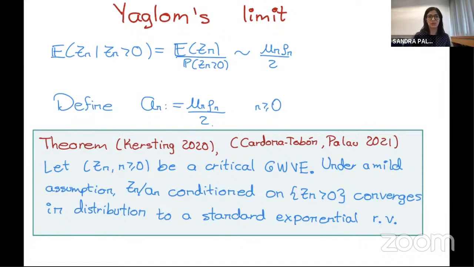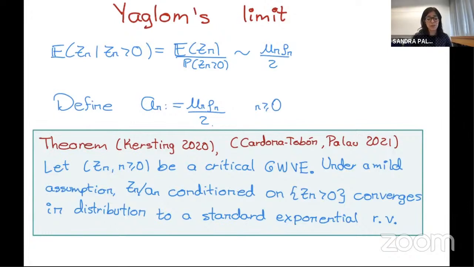So we know that the conditional mean converges to 1, and now we have to find the distribution. Kirsten, and also Natalia and me, showed that if we have Z_n a critical Galton-Watson process in varying environment, then under the same mild condition of Kirsten, Z_n over an conditional on survival converges in distribution to a standard exponential random variable.